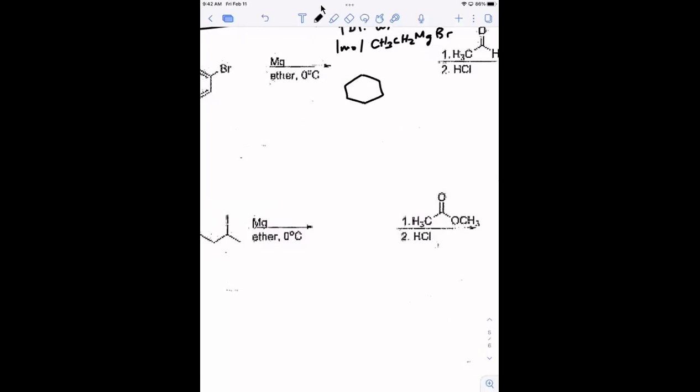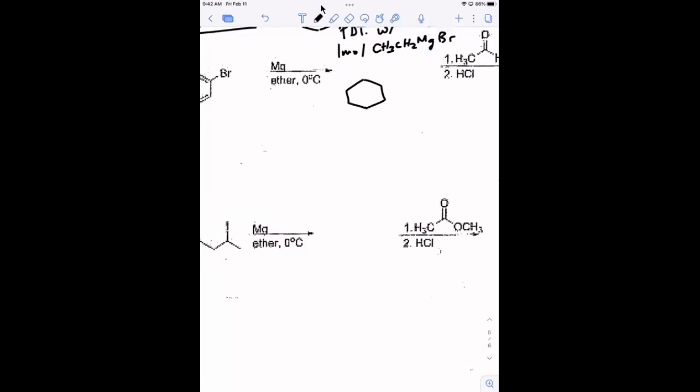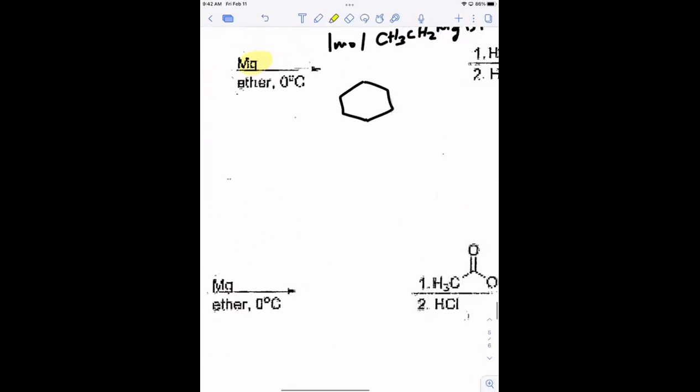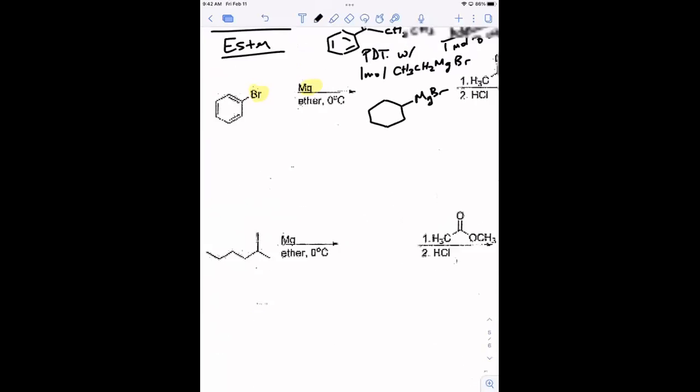Oh, no. All right, so you're thinking about the actual use of a Grignard, but this is how you make them, right? You take the metal, you stir it with an alkyl halide or some halide, and this is how you make the Grignard.